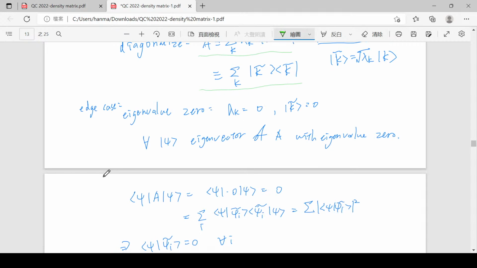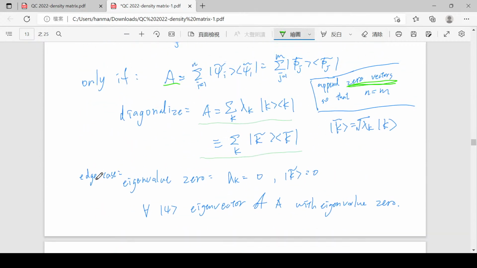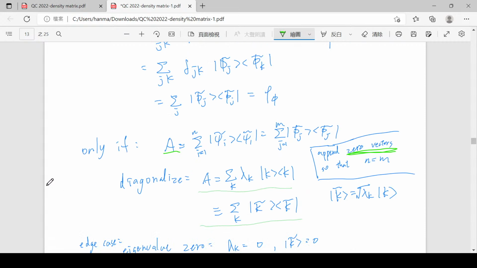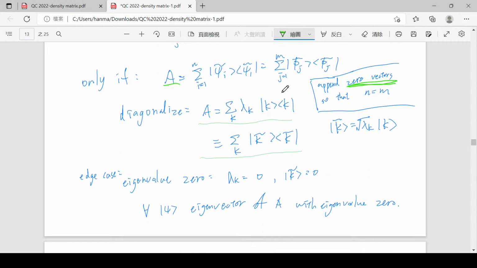And we will do a similar thing on the dimension of the Hilbert space. The thing we want to do is, we know those two things are equal to some density matrix, and we diagonalize the density matrix.